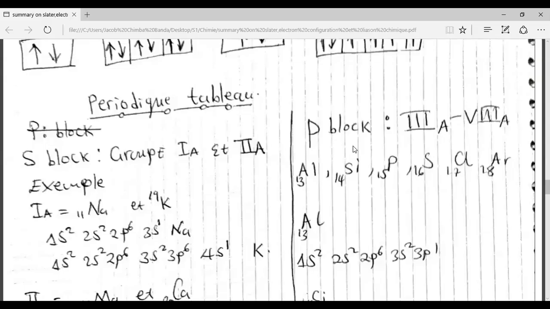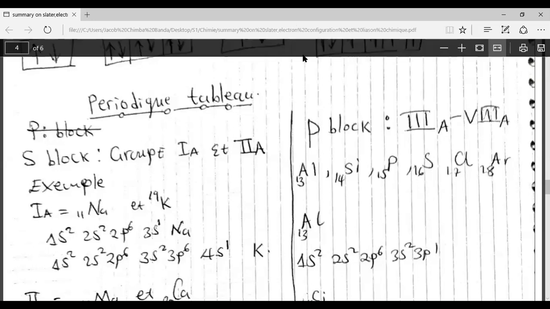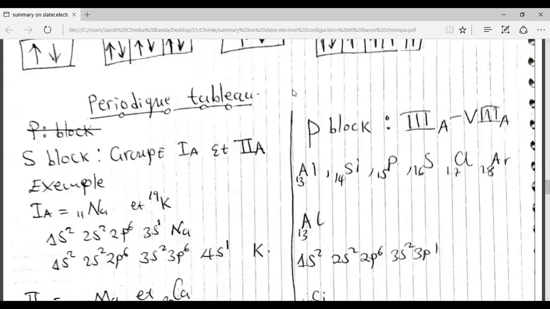Under the periodic table, there are just small things which I want to tell you guys.